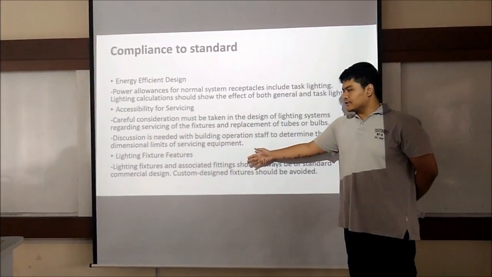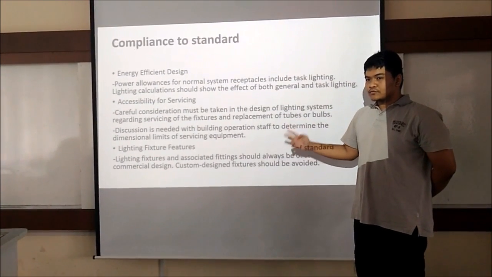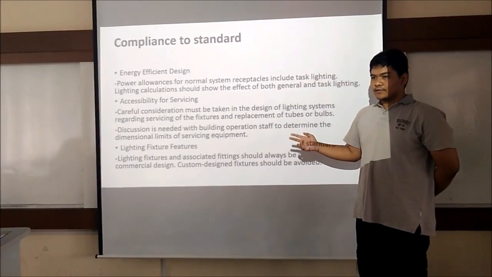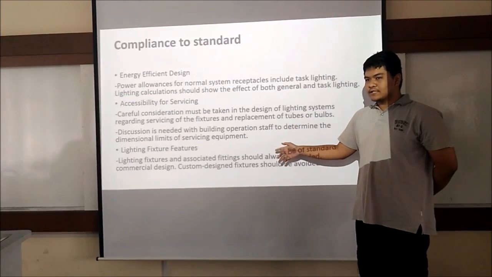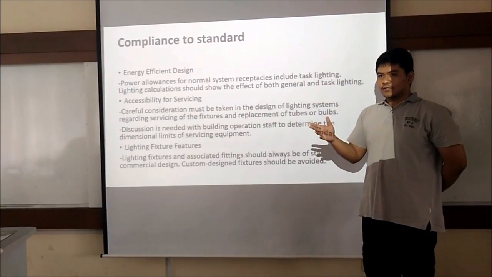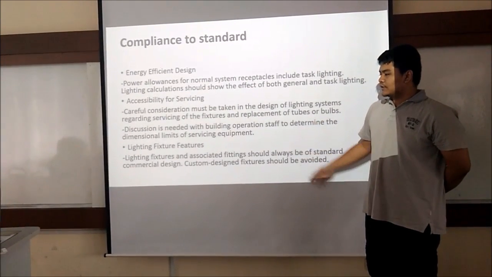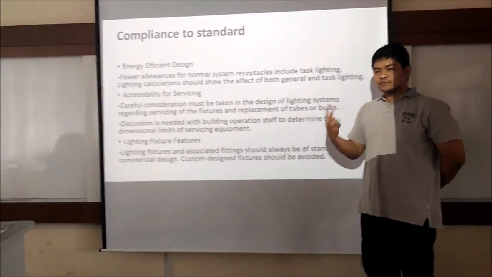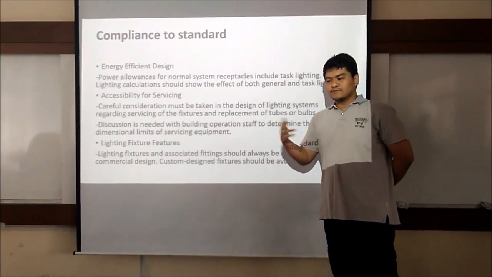This can be related with this point, because as we only use two kinds of lighting, the cost will be much cheaper, because the lighting is ordered in bulk. If we order in bulk, the company often gives promotions, and also it eases maintenance, as there are only two kinds of lighting that we need to service.